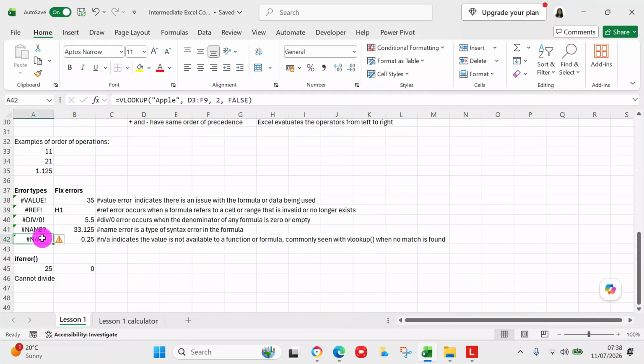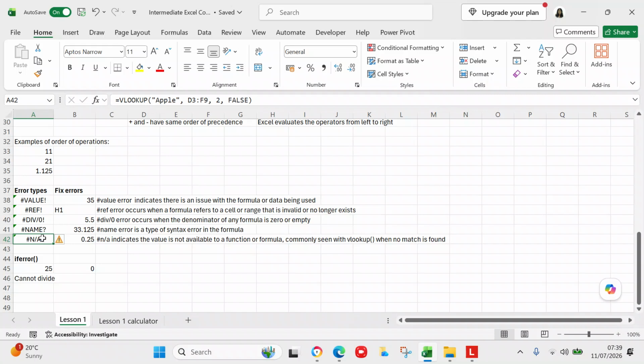And we have another error called NA. NA indicates the value is not available to a function or formula. It's commonly seen with VLOOKUP when no match is found. I do actually use the VLOOKUP in my day job every week. So VLOOKUP brackets apple, comma, D3 to D9, comma, 2, comma, false.